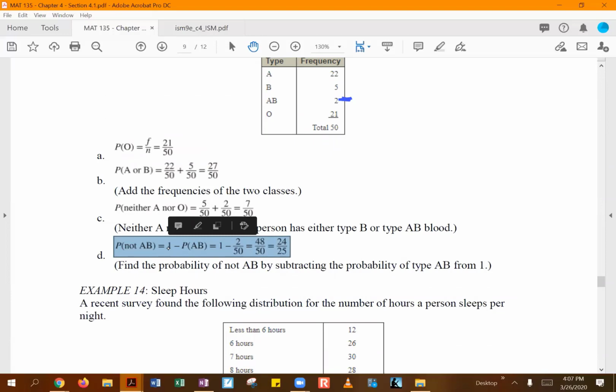We know there's a total of 50 people, so 2 subtracted from 50 gives you 48, and you get 48 out of 50 or 24 out of 25.